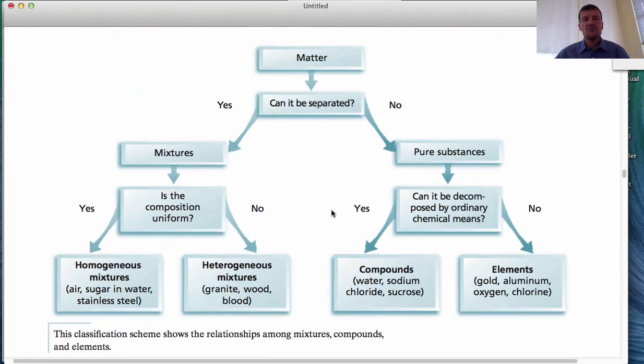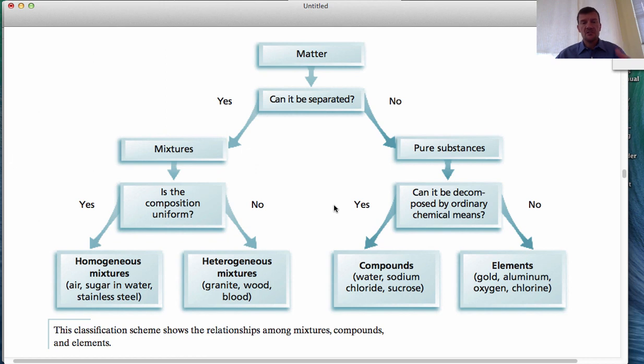So this flowchart might help you just to kind of figure out the different ways that we categorize and compartmentalize matter. So notice the questions that are being asked. Matter, so can it be separated? No, it can't. In that case, it's a pure substance.